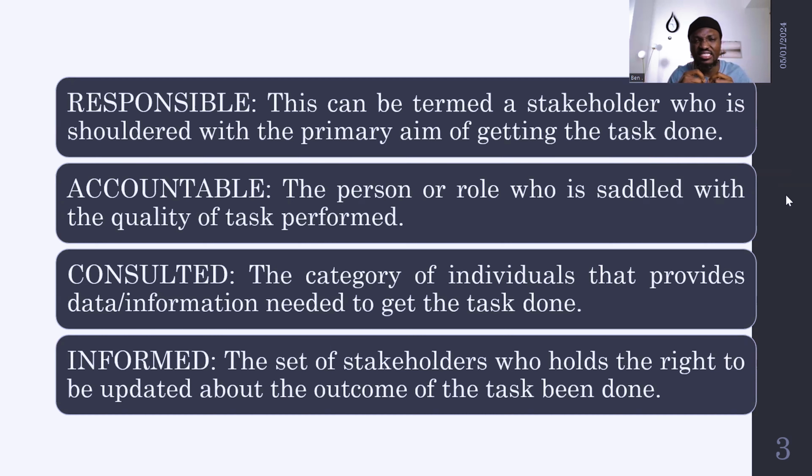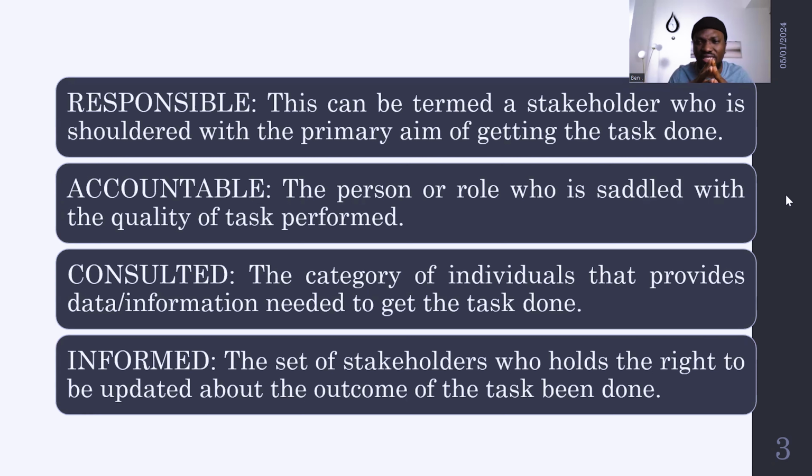That is, who is saddled with the primary responsibility of getting the task done. Don't forget, in the previous example, for eliciting requirements on the project, the business analyst is tasked with the primary aim of eliciting the requirements. So the business analyst is responsible for getting that task done, and that is how we identify who is responsible.